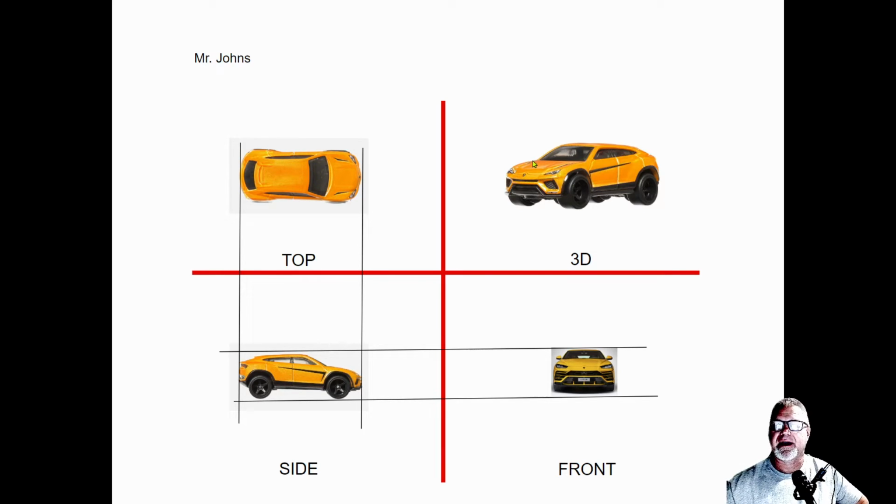And the side view over here, these wheels and the side of the car with the doors, and then I can see the top of the car, which is the hood, and again the windshield and a little bit of the roof. So if I can see three sides, that is a 3D view. And so just do your best to sketch it. I sometimes hold it out in front of me, or I put it on the table and kind of squat down a little bit so I can see and just do my best job. Just give it a sketch. You'll get full credit if you try on the 3D.